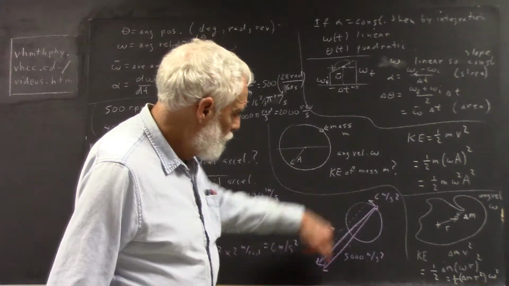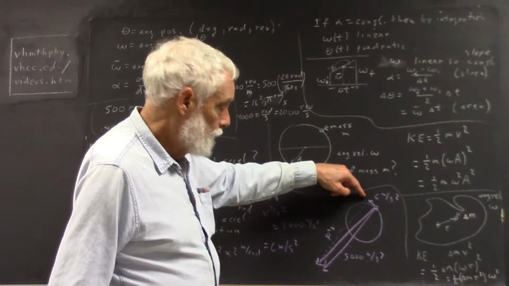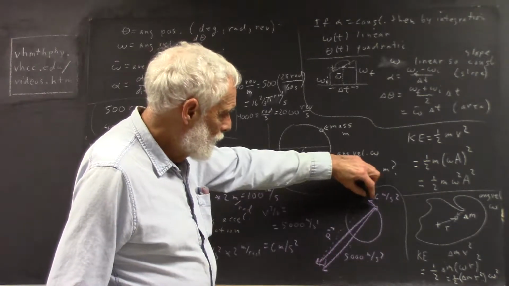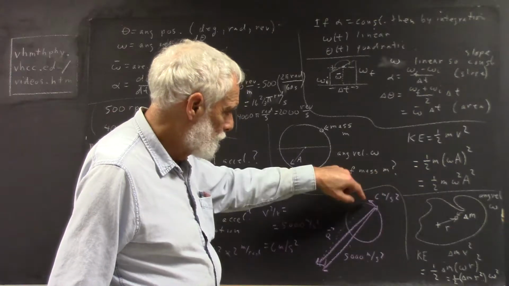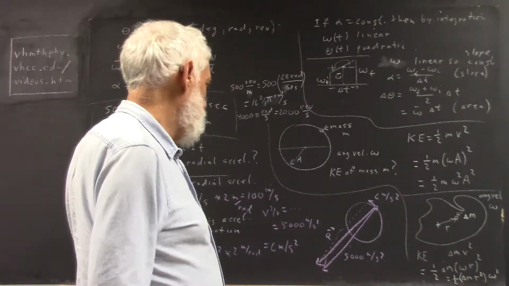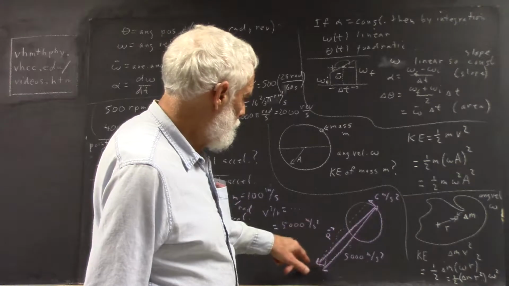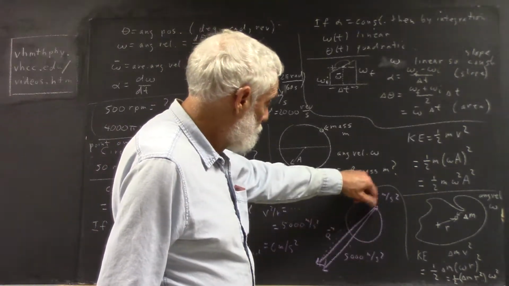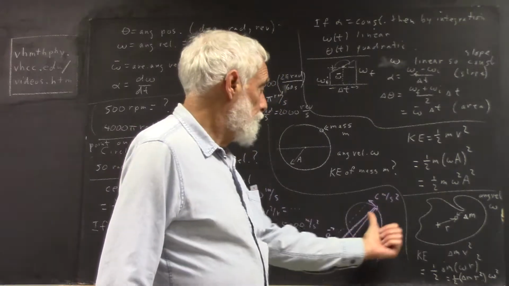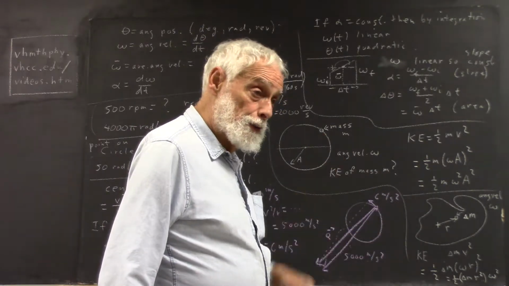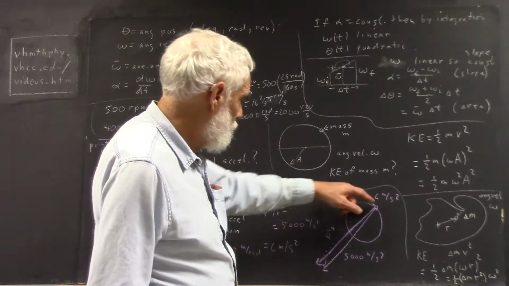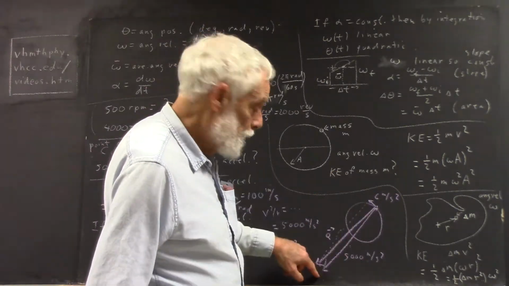Now this vector should be 100 times as long as this vector. So if I wanted to do these to scale, this vector would have to be a whole lot tinier, but I wanted to indicate the right triangle that gives us the resultant acceleration, because the radial direction is perpendicular to the tangential direction, meaning that this vector is perpendicular to this vector.